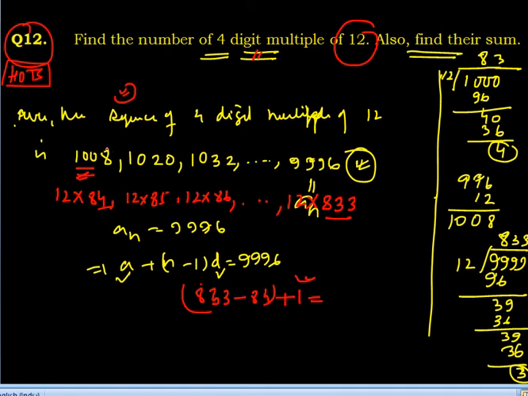But if I need a number which leaves a remainder 1 on division by 12, it will be 1 more than that. 1009, if I divide by 12, the remainder will be 1. Very similarly it will be 1 more each time. Can you observe, just the number is increased by 1. So in that case your sequence will be this, and the rest of the procedure will be the same. Got it? Okay, let us move on to the next.